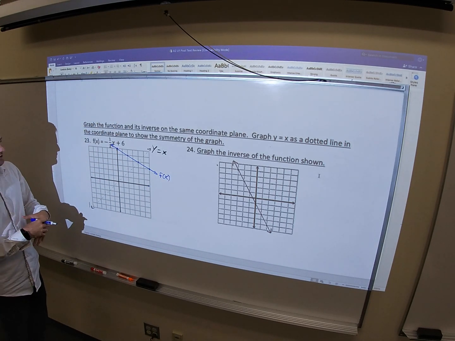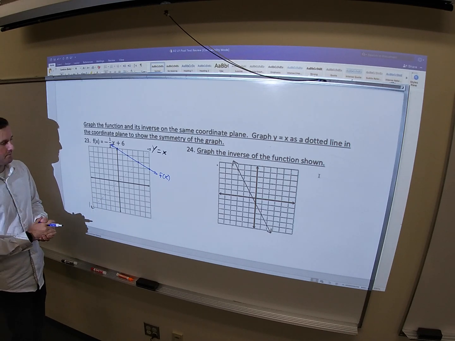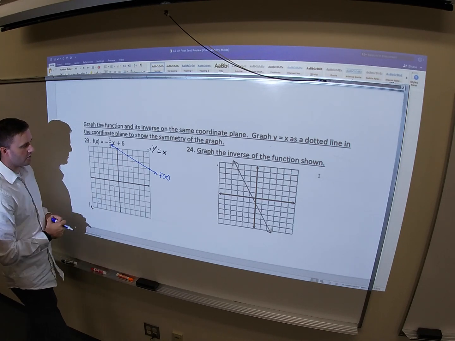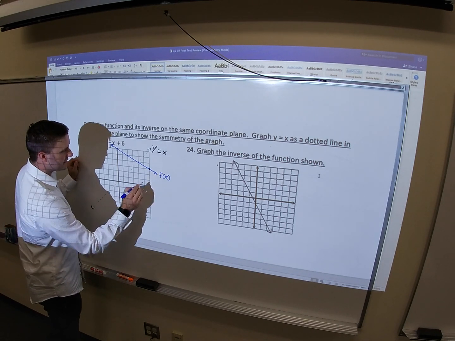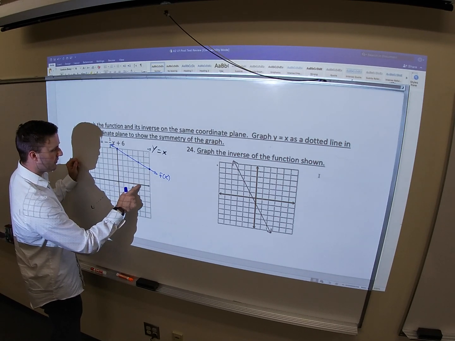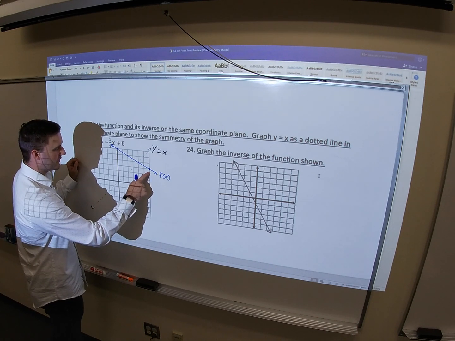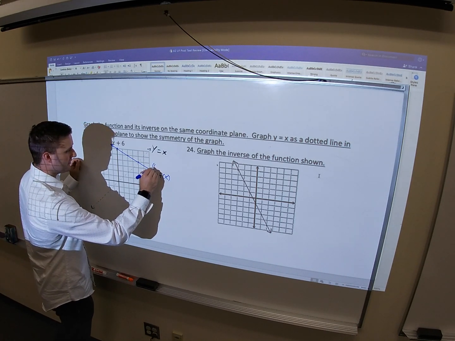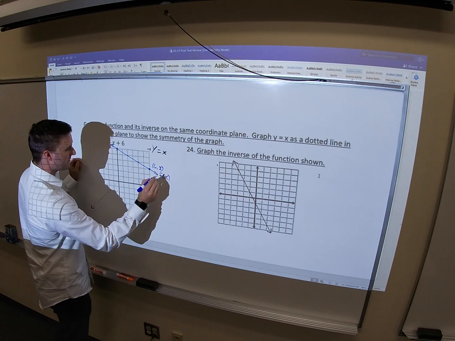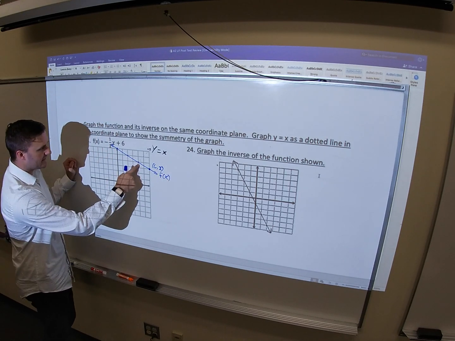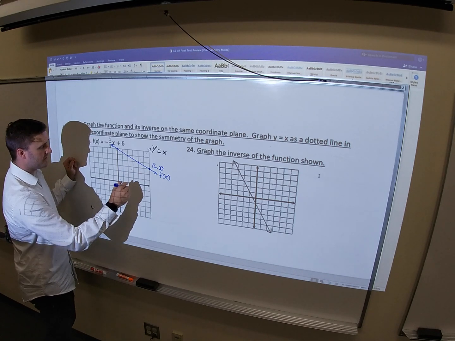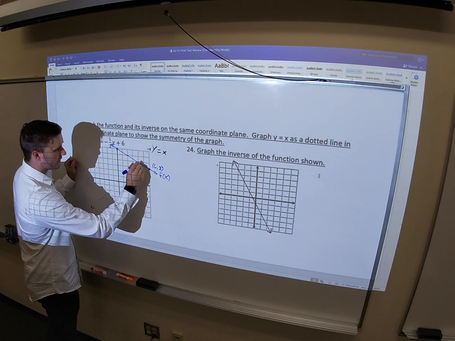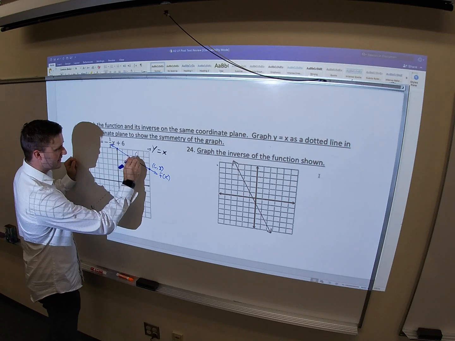Now, you really only need 2 points for a line, but let's do 3. You don't have to write the coordinates for all 4, but let's pick 3 points. So this point right here is 1, 2, 3, 4, 5, 6, comma, 1, 2, 3. So this is 6, comma, 3. This point right here is 4, comma, 4.